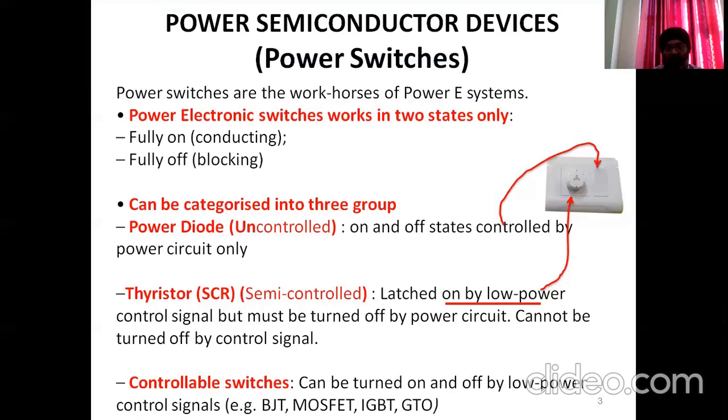These are some examples of fully controllable switches, where we can control both the turning on and turning off. And we'll be talking about all these categories one by one in this part on semiconductor devices.